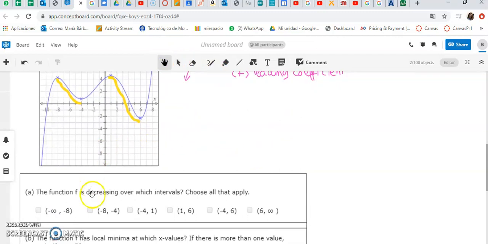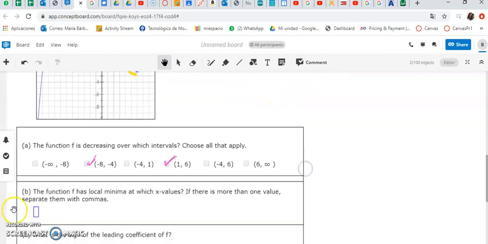Look, here you are going to select the interval from -8 to -4, from here to here. And also from -4 to 1, no, this is not, this is increasing, and then from 1 to 6, which is here, okay? So here we have the 2 options that we have to select, this and this. Then let's see the next question.